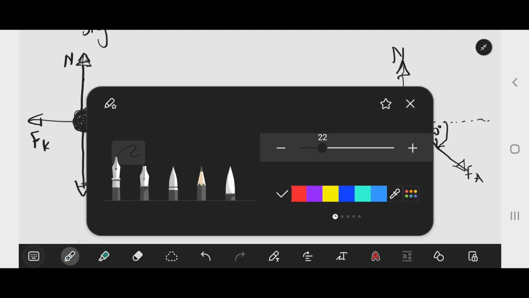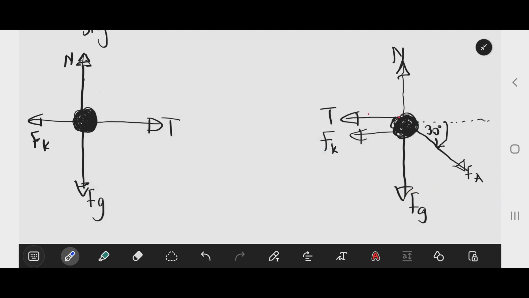When we resolve the applied force, we will have two components, okay? We will have the x component and the y component. So that is Fax and Fay. Now we have resolved our applied force.